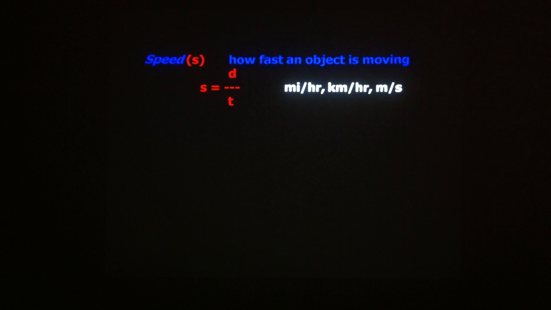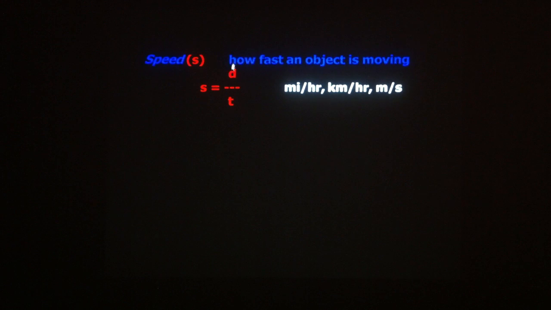Okay, let's learn a little bit about speed. You kind of already know about speed. You've all been in a car before, and the speedometer, which is a meter of speed, measures the speed the car is traveling in miles per hour. But you may not be as familiar with speed in other units. So we're going to be using the metric system. Speed is basically how fast an object is moving.